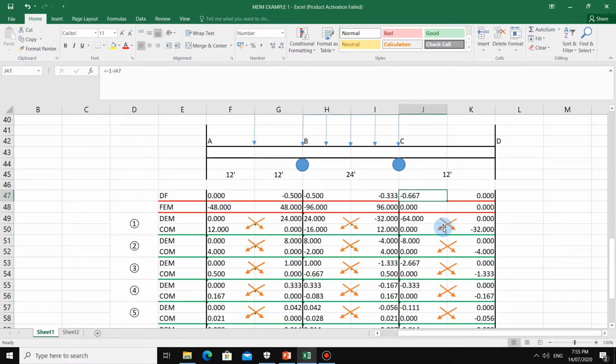Then for DFCD, 2/3, which I made negative. Then for DFDC, 0.